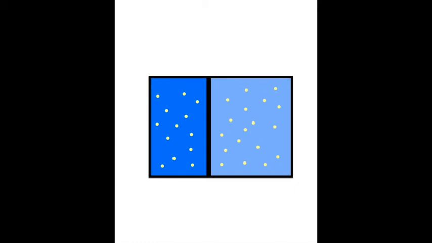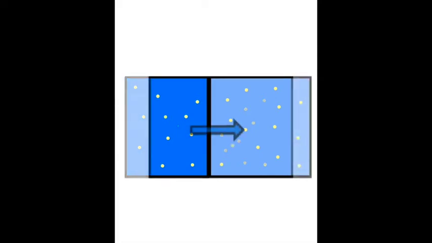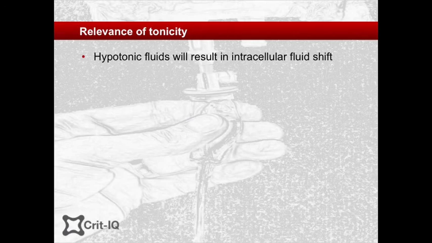The tonicity of a resuscitation fluid is important as it has significant effects on how the fluid will equilibrate. Hypotonic fluids will result in the movement of fluid into the intracellular space, causing cells to swell. Sudden significant changes in plasma tonicity result in a potentially significant shift of water, which can be clinically relevant.